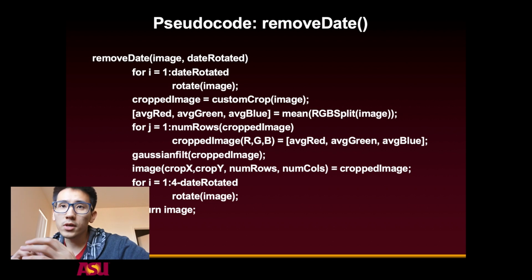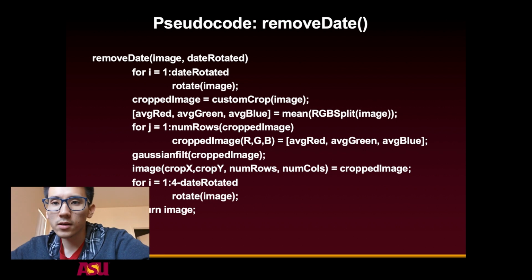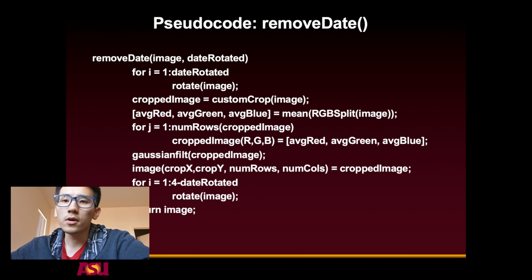After we rotate the timestamp to the right bottom, we will crop the region that includes the timestamp, and then average the RGB color of the crop image region. After that, we're using the Gauss filter to blur the crop region. That's the rough process of the image remove.